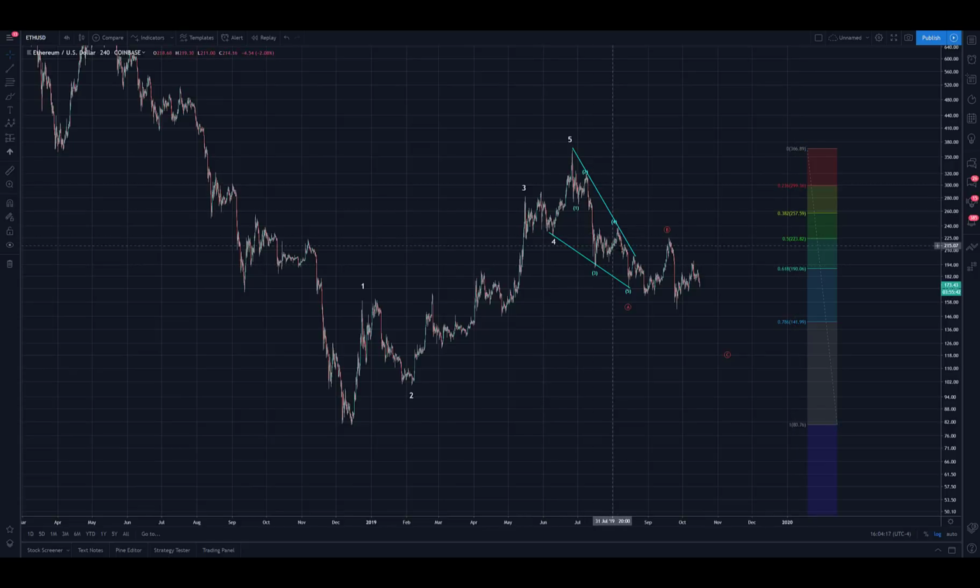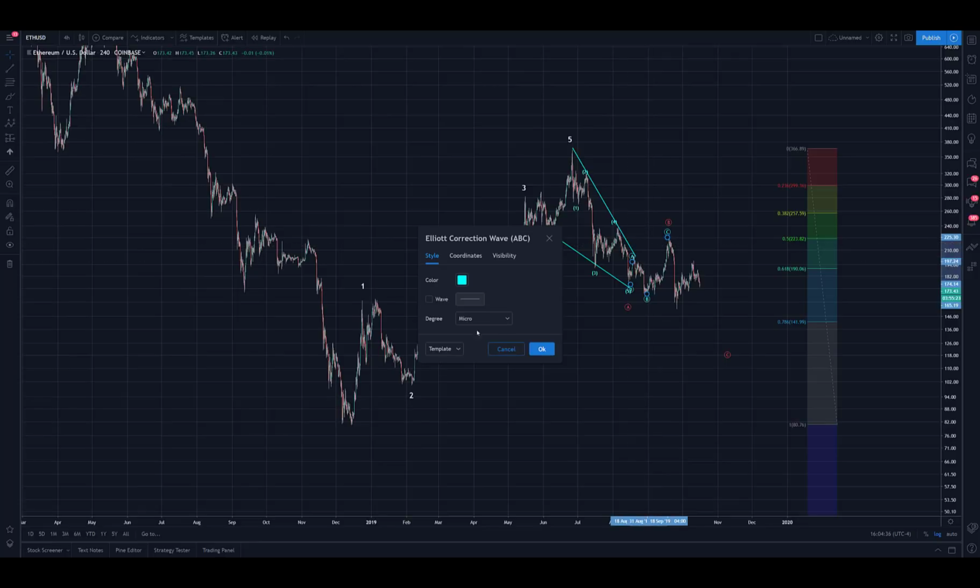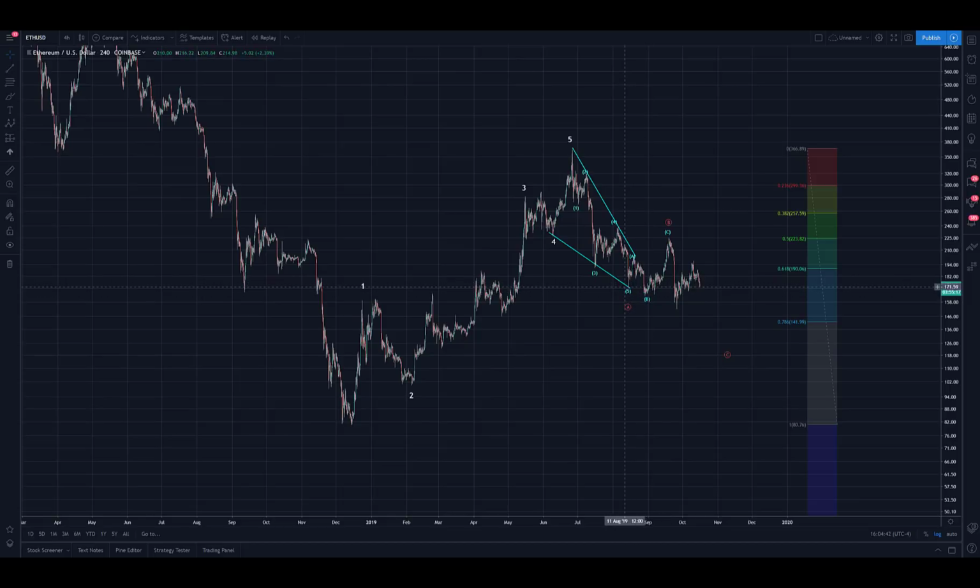This downward wedge looked very bullish, and it was a fake out. This B wave is an expanded flat, where the ABC has it so that the B wave goes below the start of A.